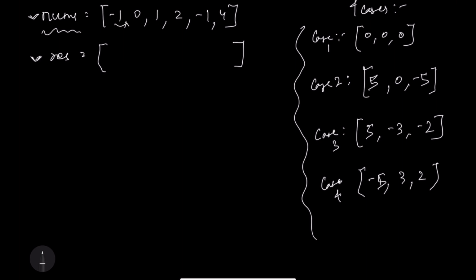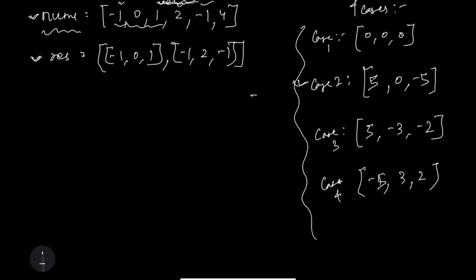So you can see that this follows our case number 2 rule. Another one can be -1, 2 and -1.